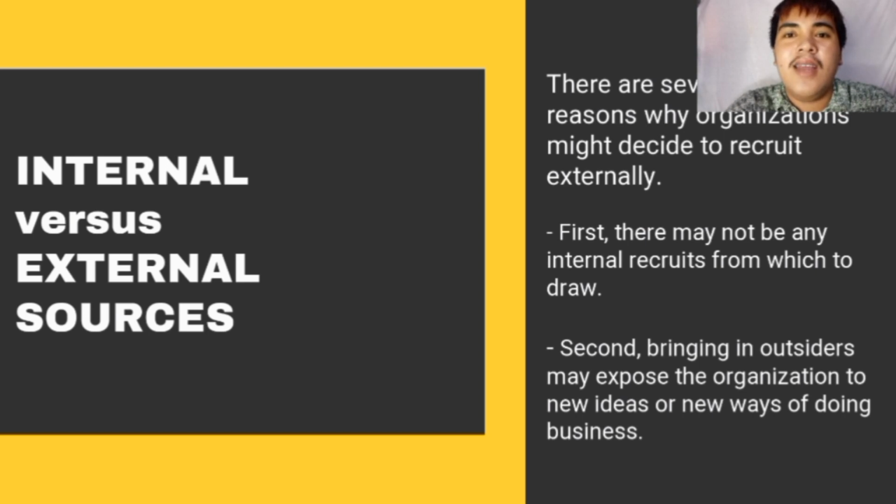In this slide, you will see several good reasons why organizations might decide to recruit externally. Recruiting externally is a good way to strengthen one's own company and weaken one's competitors at the same time.